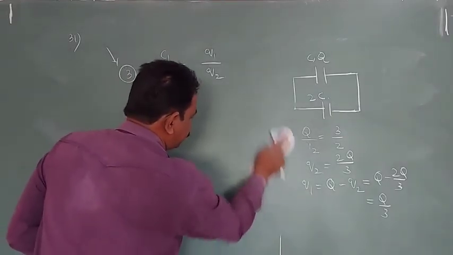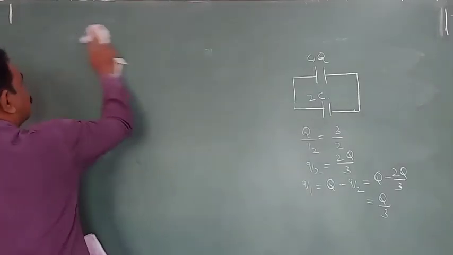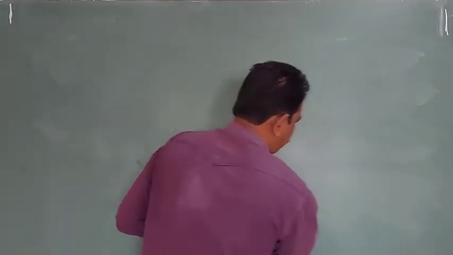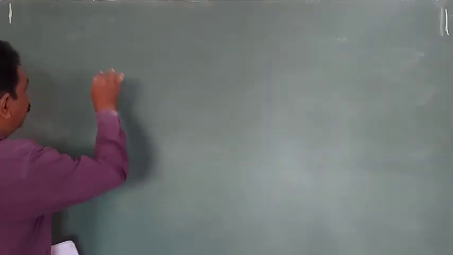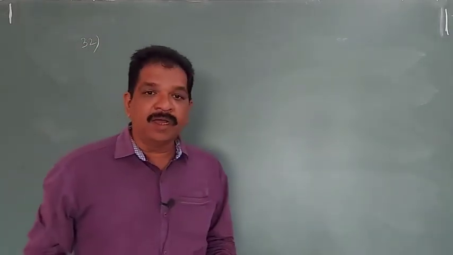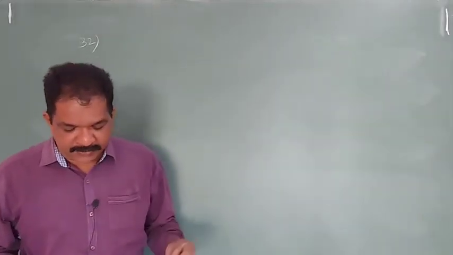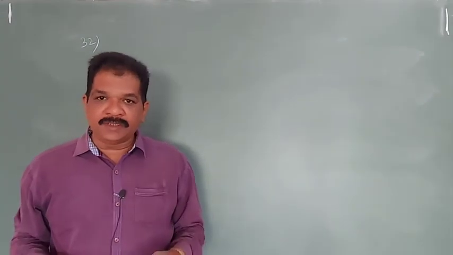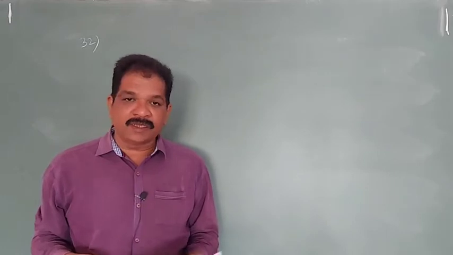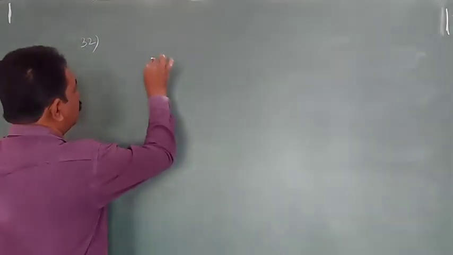So what they are asking is, the particle is there, its mass is m, charge is q. It is at rest in the uniform electric field and released. What is the kinetic energy of this?